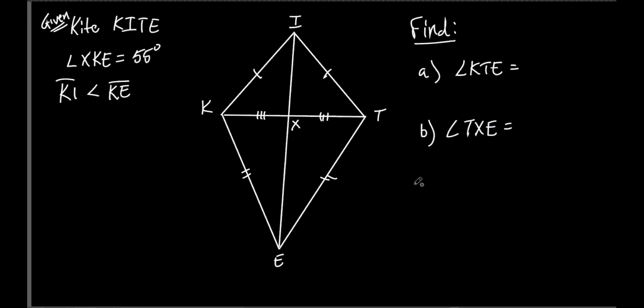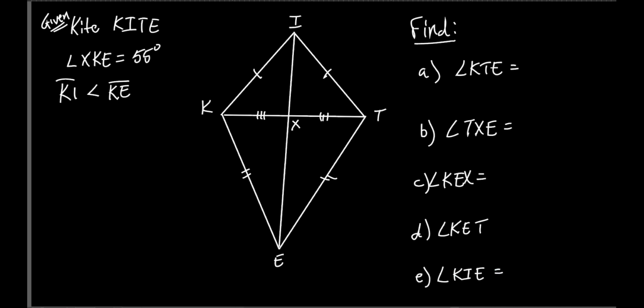Then you want to find angle KEX. Then you want to find angle KET. Well, let me just write all these down before I start thinking about solving this. So KIE.